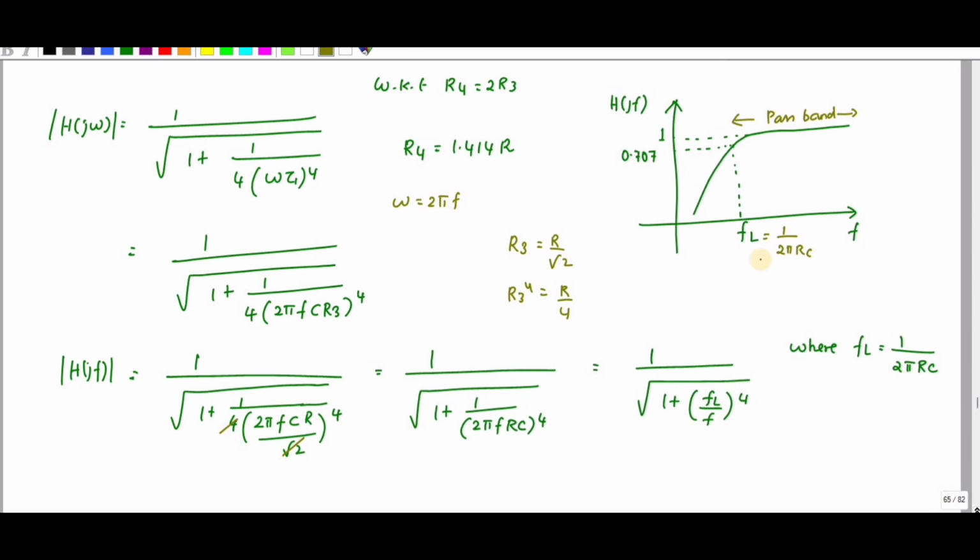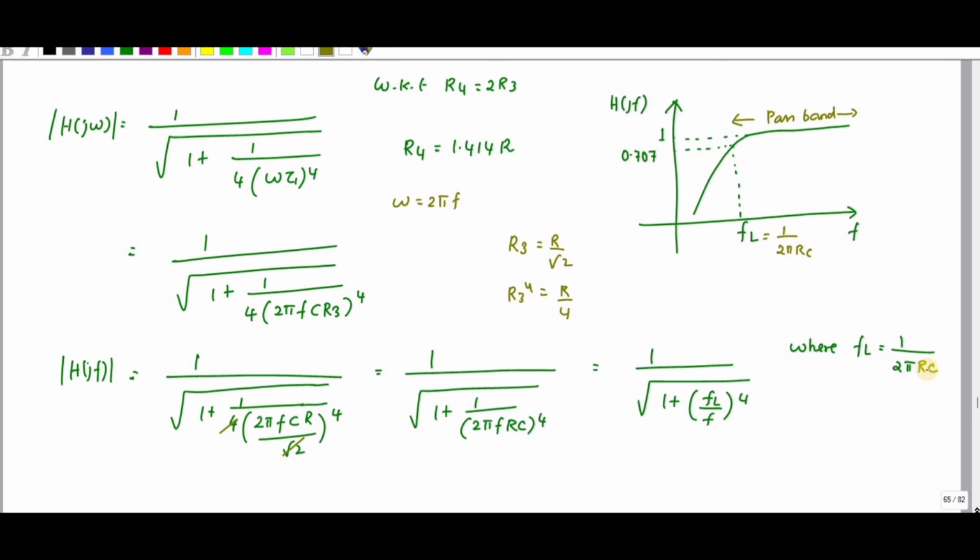You have to make sure that if they have asked you the gain or voltage gain, you have to substitute it here. And for this formula, in order to find the value of R3 and R4, you have to substitute it here.